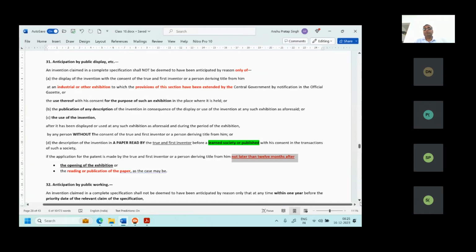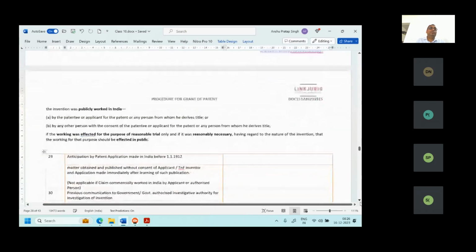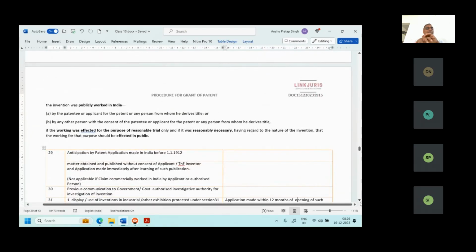So it says that an invention claimed in a complete specification shall not be deemed to have been anticipated by reason only of the fact that you have worked it in public working. Public working is, as I told you earlier, that you can commercially work, you can publicly work in India, but it should be with your consent, and this working is for reasonable trial, and it is reasonably necessary.